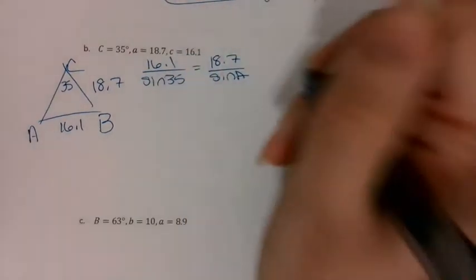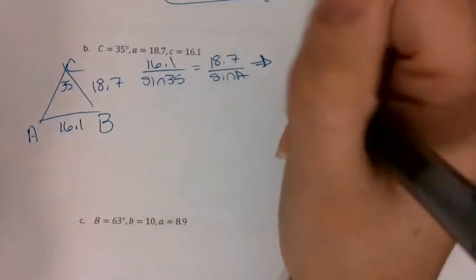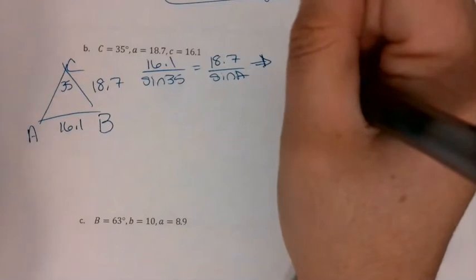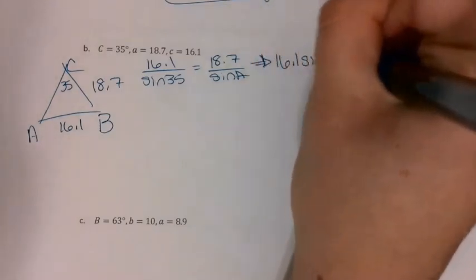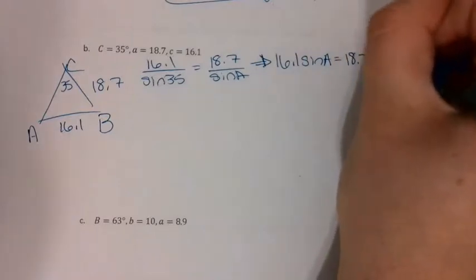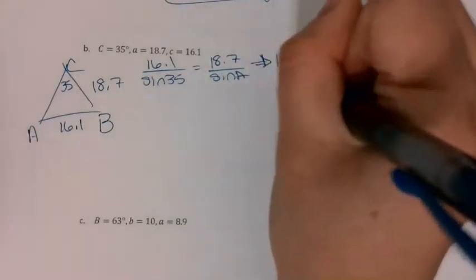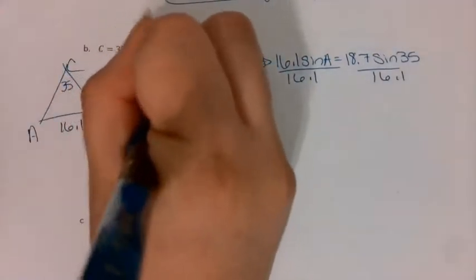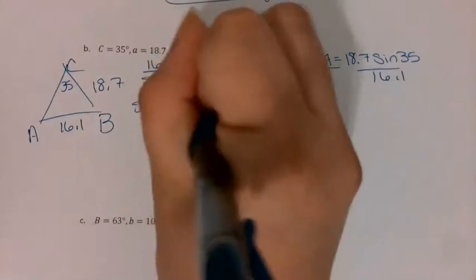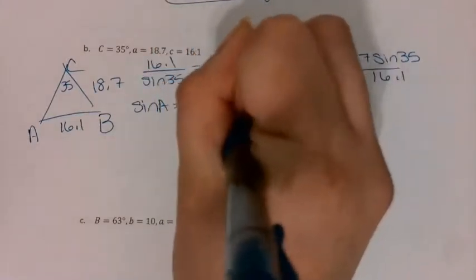I want to cross multiply to get sine of A alone. Or not to get sine of A alone, to get rid of the fractions. Okay. Now I want to get sine of A alone, so I'm going to divide by 16.1 on both sides. I get sine of A equals 18.7 sine of 35 over 16.1.